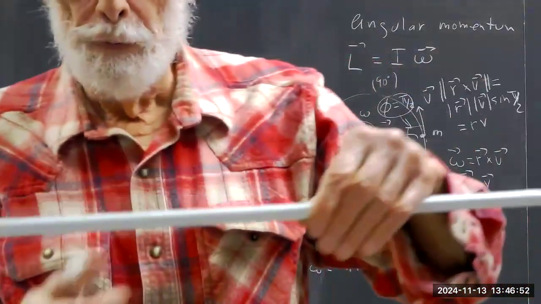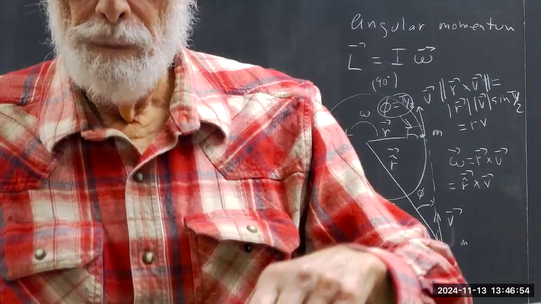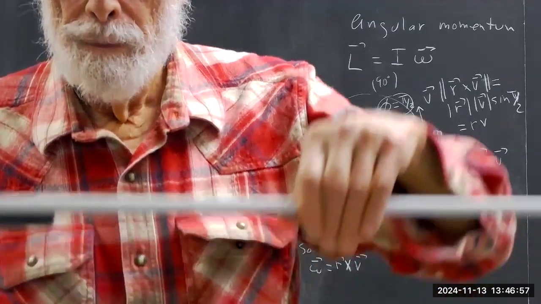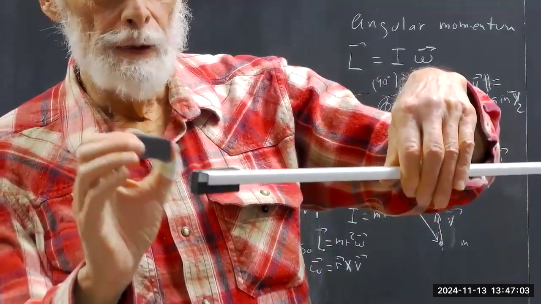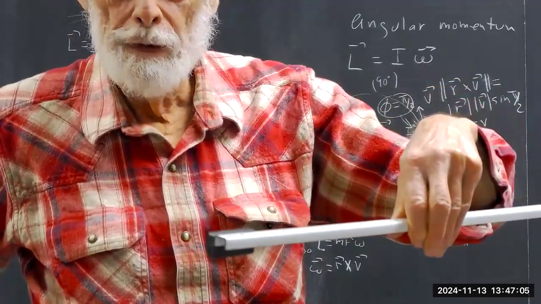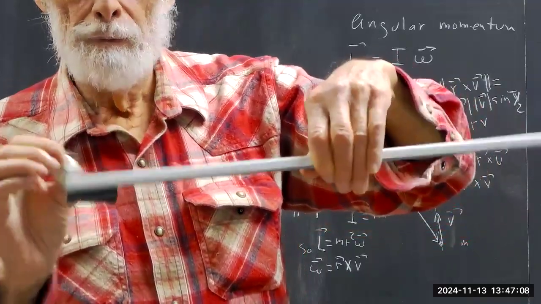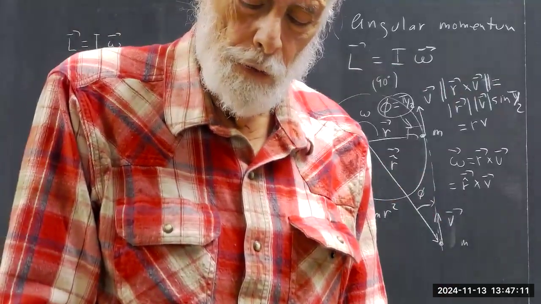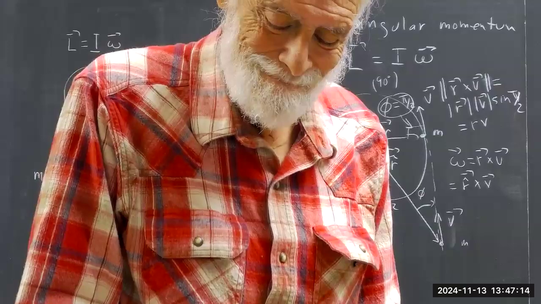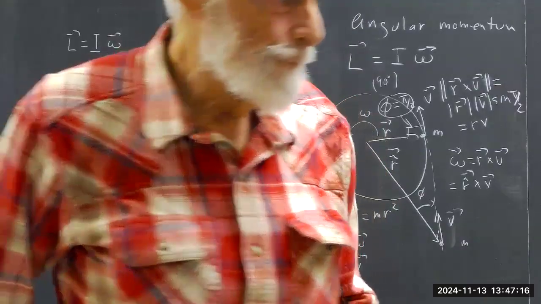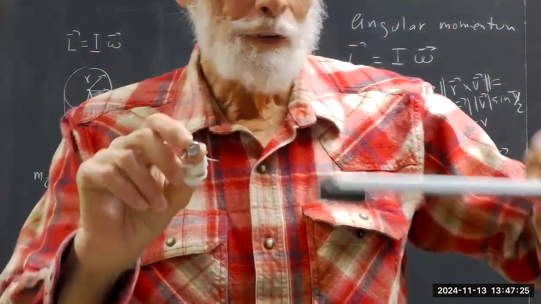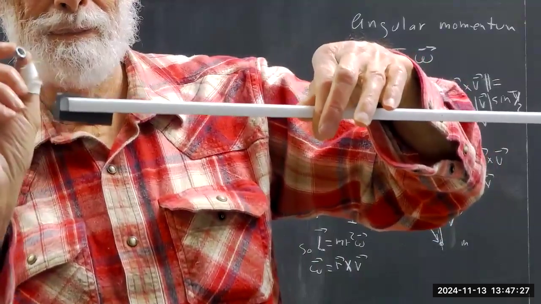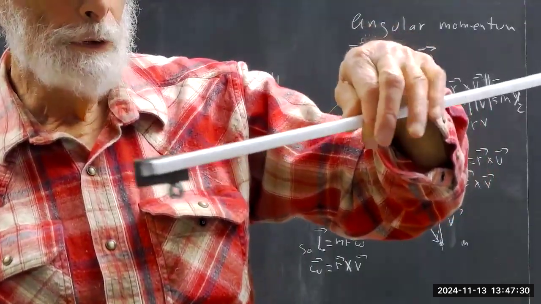So if this is free to rotate, then if I toss this magnet at the other magnet, let's make sure it's going to attract, I don't want to get too close. If I toss this nut at this magnet, it's going to cause a little bit of rotation.